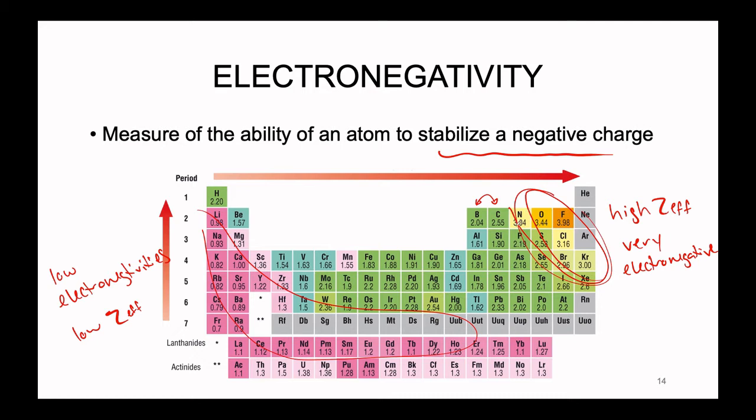If we observe elements bonding together that have very different electronegativity values, here's where we're going to see an example of a really polar covalent bond, where one of the elements, due to its high effective nuclear charge, is going to be able to stabilize the electron pair a little bit better, and so the electron pair is going to hang out on that atom a little bit more.